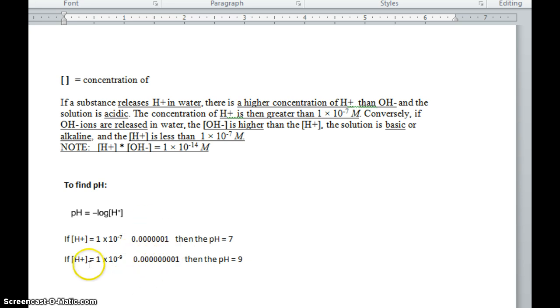Okay, so that's where sometimes people get confused. This number 9 technically is larger, but it's a smaller number because it's a negative exponent, and that gives you the bigger pH value, which means you have a base.